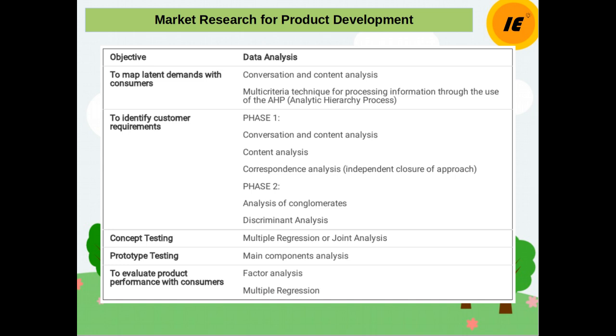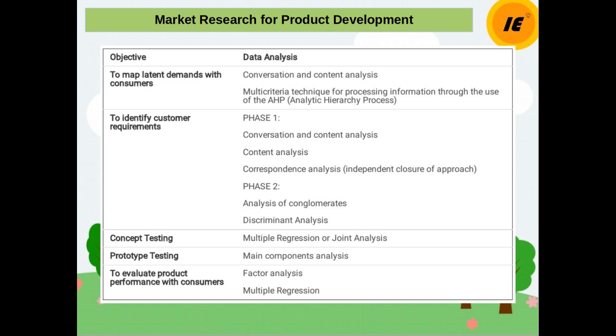So it's more about various techniques for how to analyze data. For example, for the first step, which is to map the latent demands with the consumer, the way we can analyze the data is conversation and content analysis, or a multi-criteria technique for processing information through the use of AHP, which is the analytic hierarchy process. To identify customer requirements in phase 1, it is conversation and content analysis.